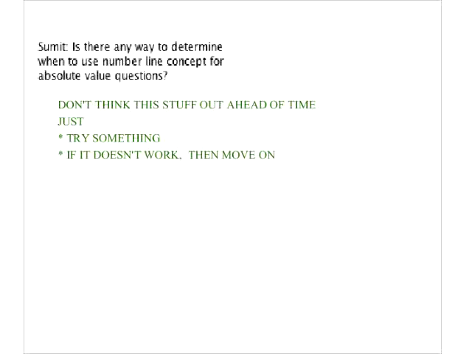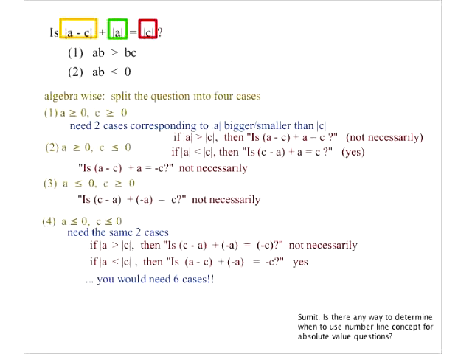Basically, if you try doing algebra on this, you would very soon realize that this would have to happen, because you can't simplify this question without knowing certain facts about the signs of A and C. Even if it's not an instant realization, you would still be like, look, I would have to break this up into like 6 cases.